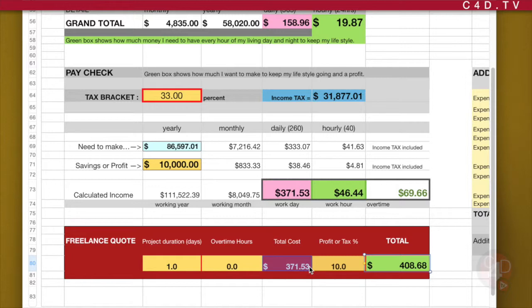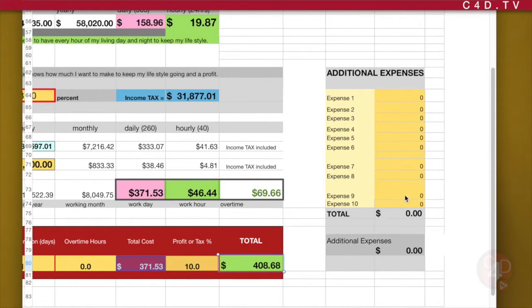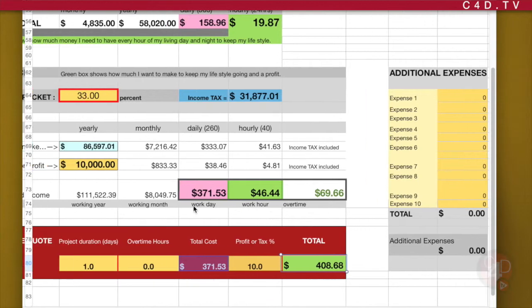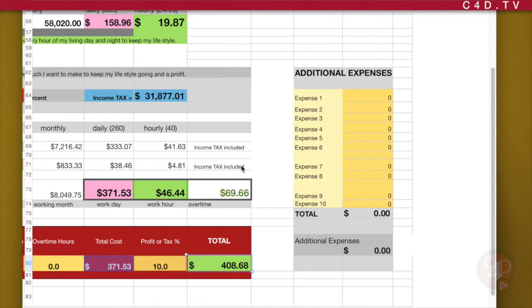Okay, so in the case of a freelance quote, sometimes you want to have some additional expenses. For example, if you work with graphic design, or you need to rent some sort of equipment to accomplish that job, or have a printer print certain things, you're going to put those expenses in here.